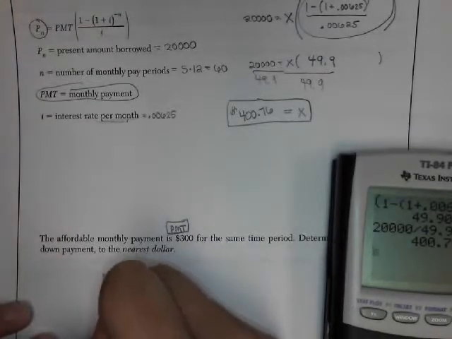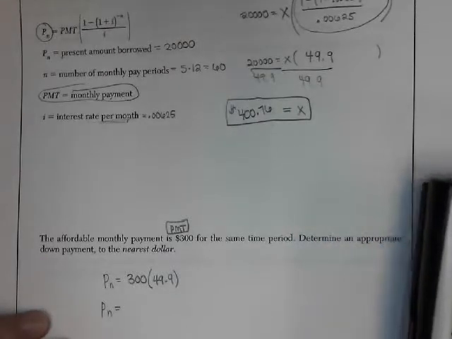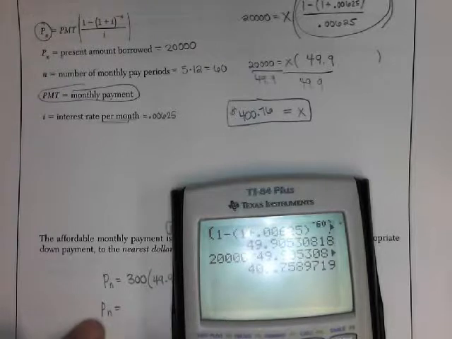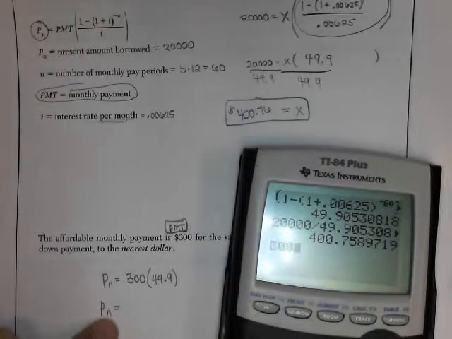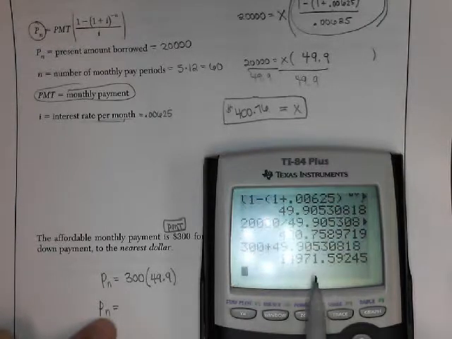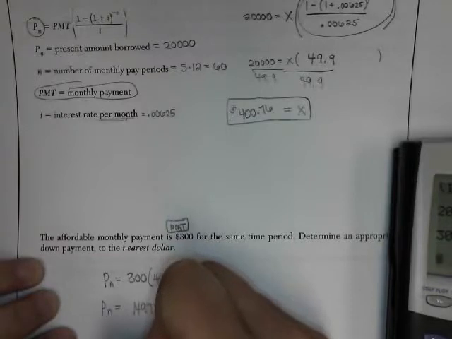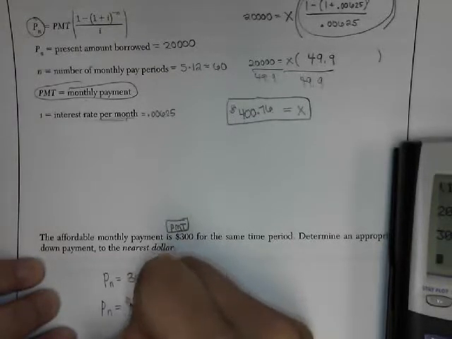So the amount of my loan, remember, this is my loan, should be 300 times, and I'll go grab that 49 number. I should only be taking a loan of $14,971.59.